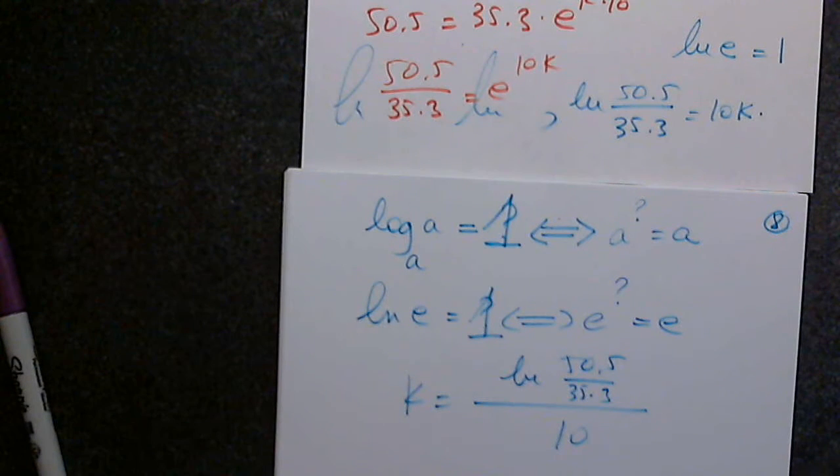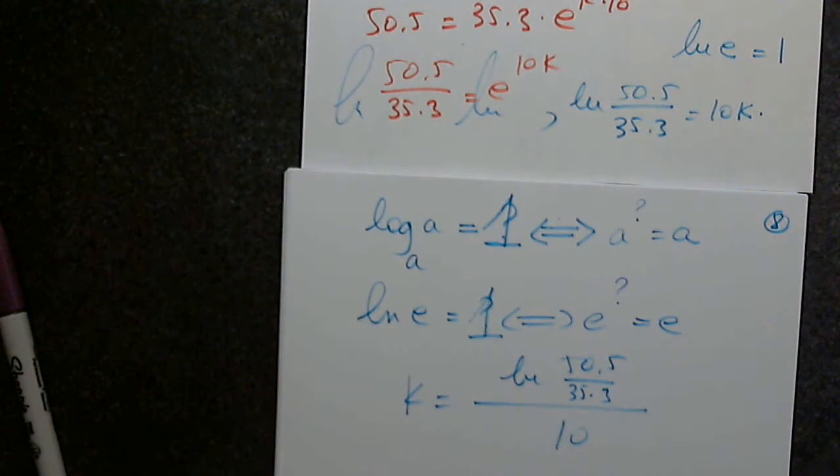Close the parenthesis and divide everything by 10. Because the denominator is just one term, you do not have to put that in parentheses. So please press enter. When we press enter, we get what? 0.0358.